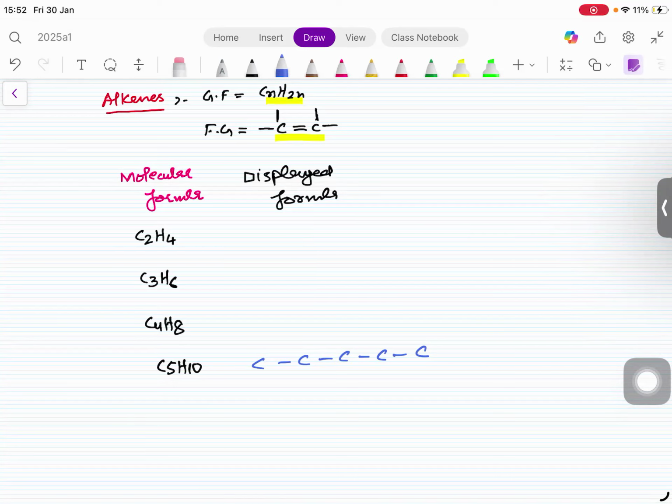Then the third stage is fill up the hydrogen, keeping in mind that every carbon should have how many bonds? 4. So 2, 1, 2, 2, and then 3 here. Here the functional group is carbon-carbon double bond. I can put it anywhere, it will be an alkene, but I'm going to put it at carbon number 1.